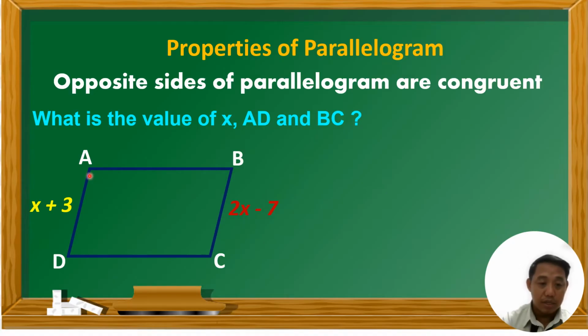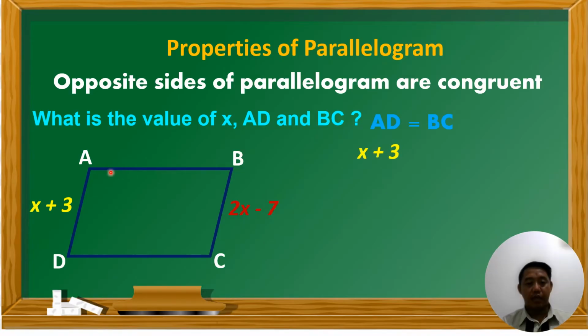Therefore, meaning nun, si AD ay equal kay BC. Ngayon, let's solve for x. Di ba si AD natin is x plus 3, and si BC naman ay 2x minus 7. So, you just have to combine similar terms. Paano natin i-combine yun? Kunin natin yung mga variables, yung may numerical coefficients.